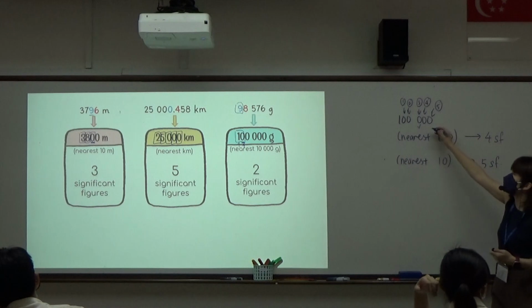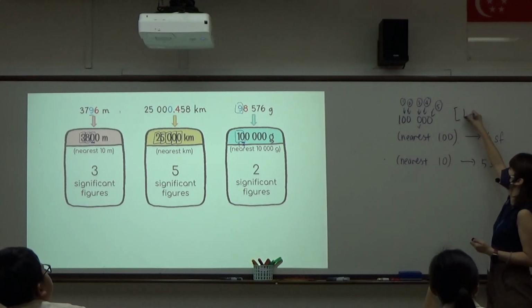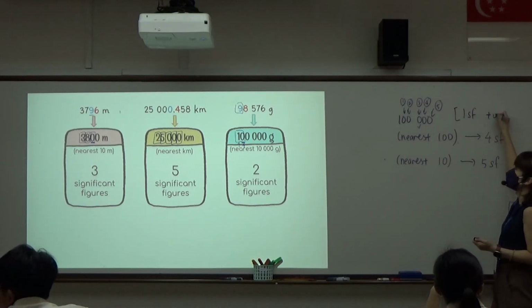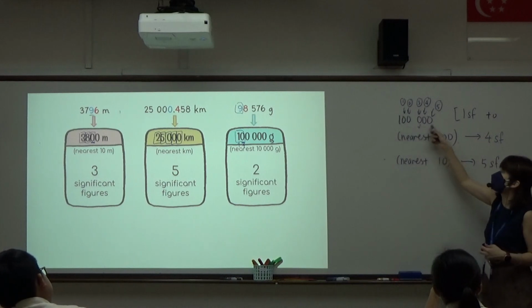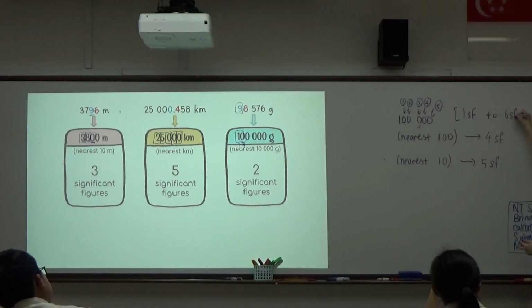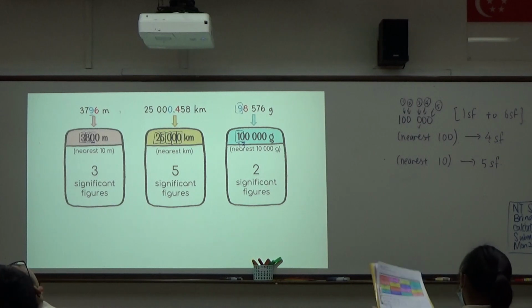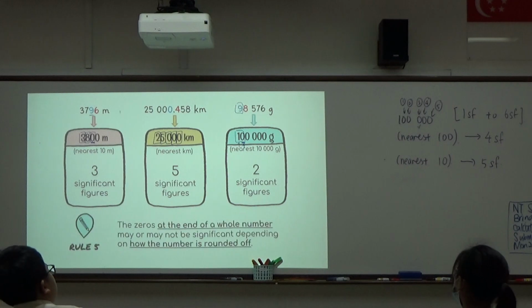That means that my 100,000 can range from 1 significant figure to a maximum of 6 significant figures because there are 6 digits after all. You understand now? Are we clear about this? Okay, if you're good, this is rule number 5.